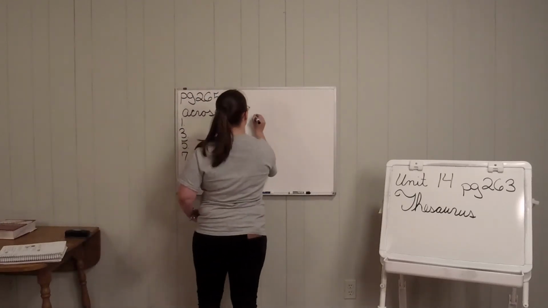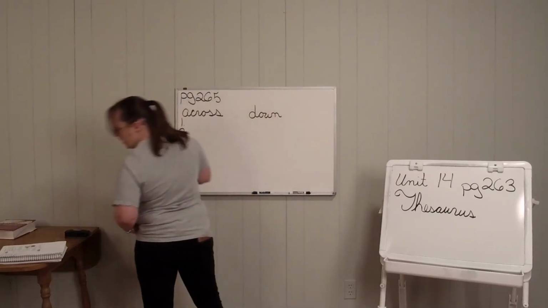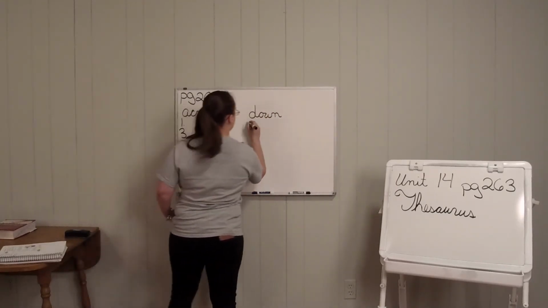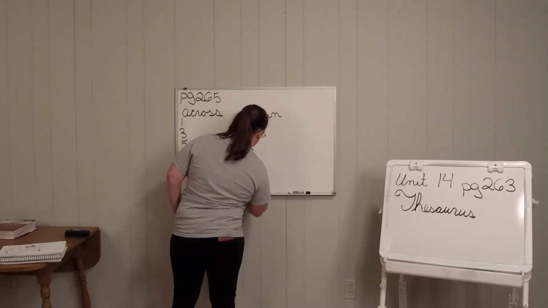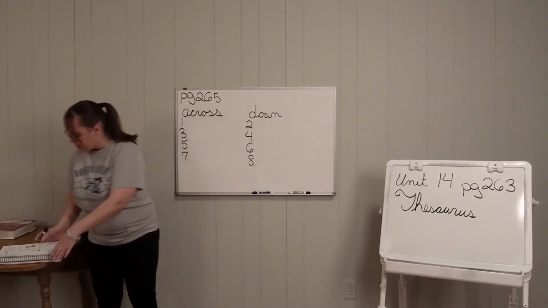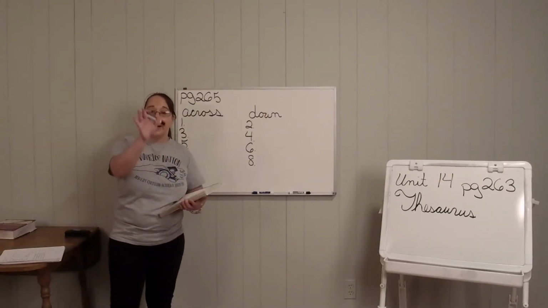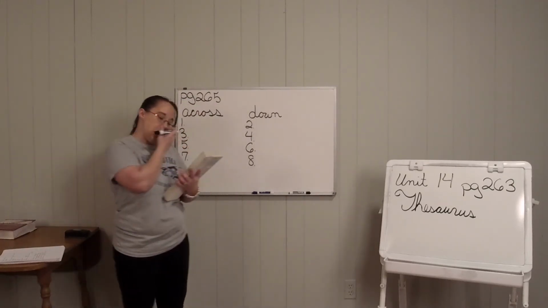And then we'll do the words that are down. And those are 2, 4, 6, and 8. Okay, so let's look at that crossword puzzle. By now, I hope all of you have completed it. So we're going to do across first.